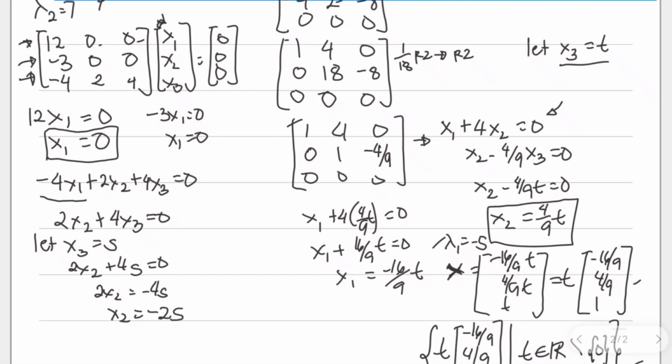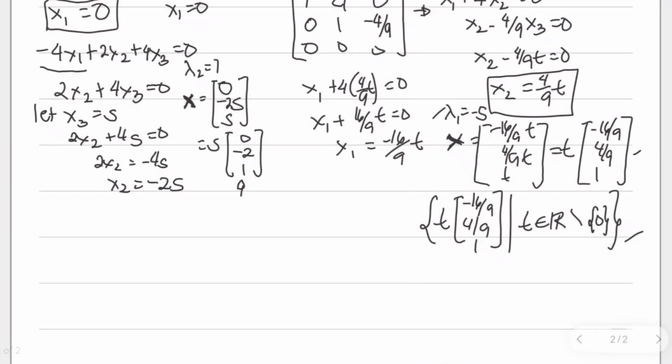So this would mean that your eigenvector for your eigenvalue, which is 7, is the vector: 0 for x sub 1, x sub 2 is negative 2s, and your x sub 3 is s. When you factor out s, you will have 0, negative 2, and 1 here. This is your eigenvector now.